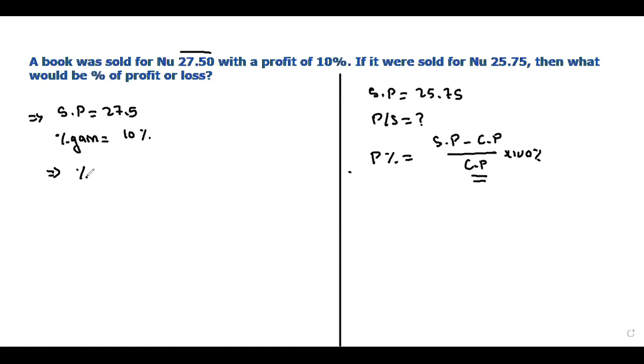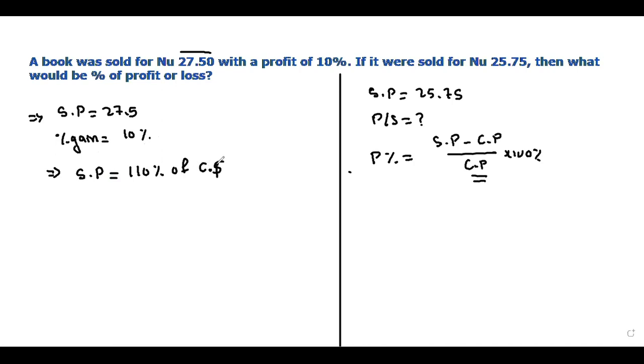So we know the formula of gain, percentage gain. Another way, you don't need to use the formula. There is a 10% gain, a profit of 10%. So when there is a 10% gain, selling price is 110% of cost price.